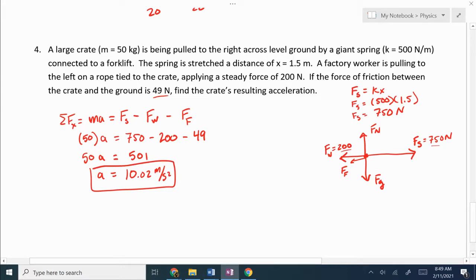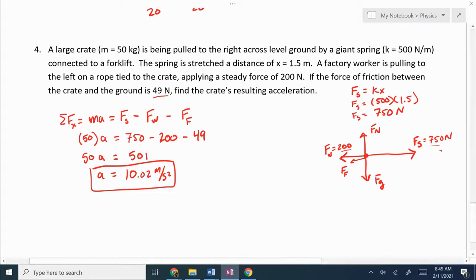Now, that's a really big acceleration. Like 10 meters per second squared is a really big acceleration. So a couple things to say about that. In all likelihood, that's just a result of us picking not so great numbers. But two, it could also be that right when this crate is initially released, it's going to have a really big acceleration.